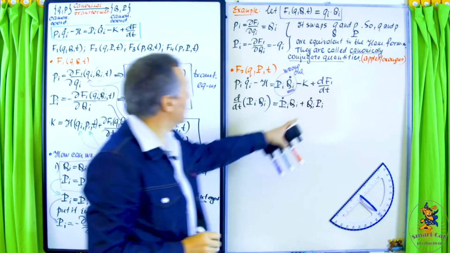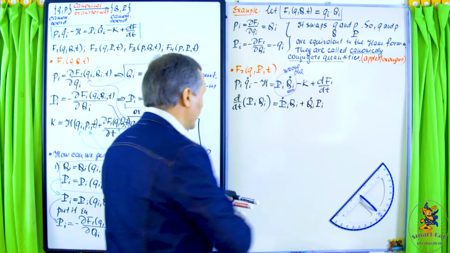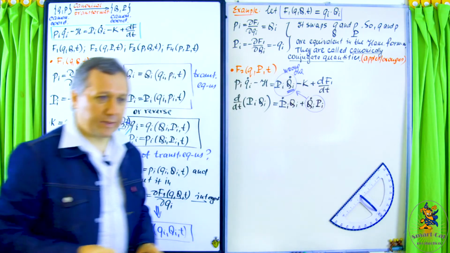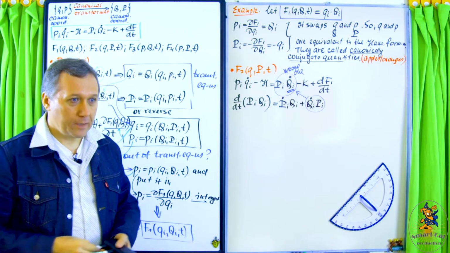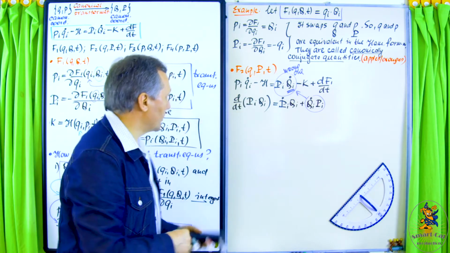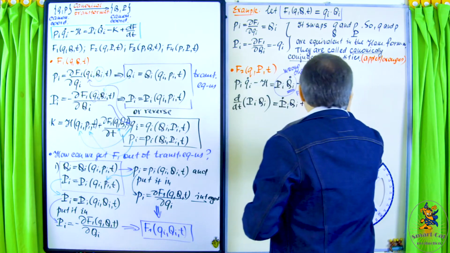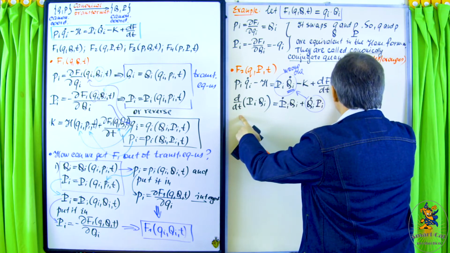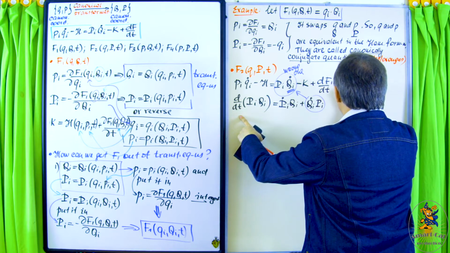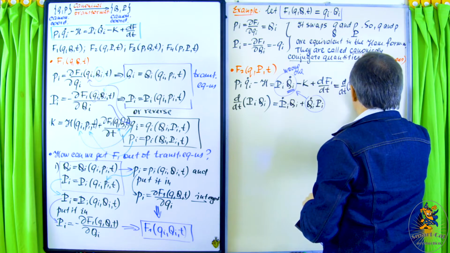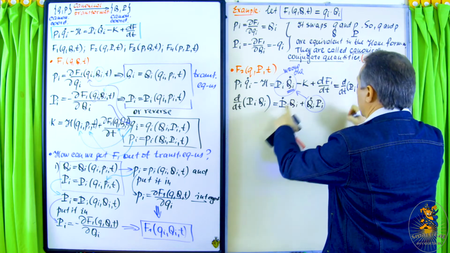So we need to get this term and replace it. So over here we'll have this term minus that term. Okay, let me rewrite it. So we will get d over dt of P capital Q capital, right?